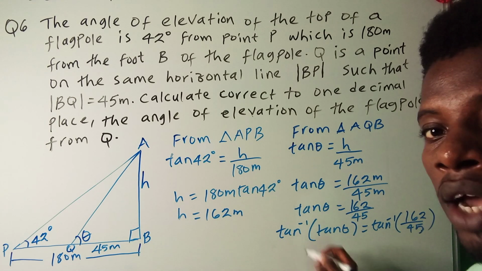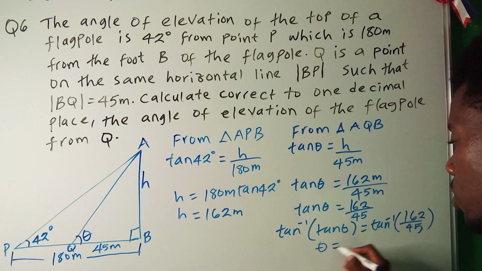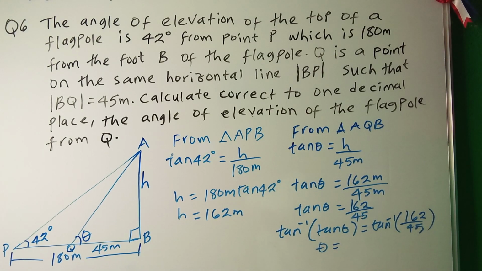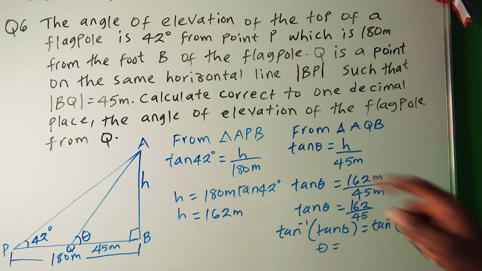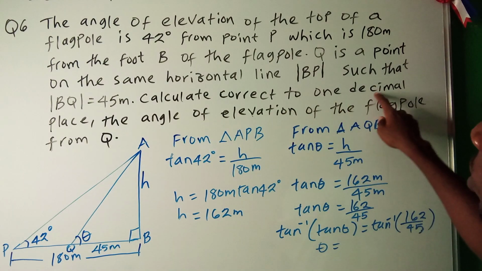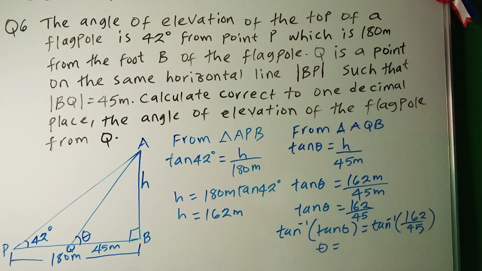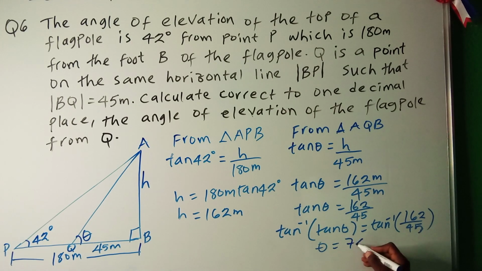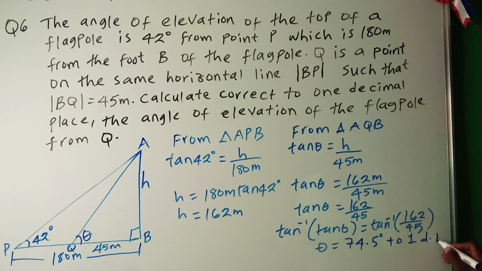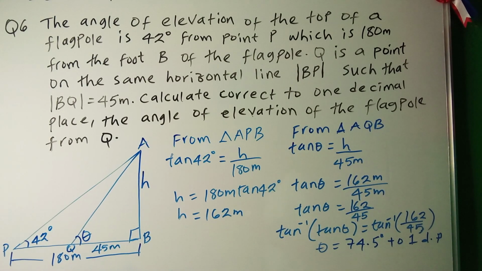So this entire side is just going to give us theta. Theta is equal to, if you use a calculator and find tangent inverse of 162 divided by 45 and convert the answer to 1 decimal place, you should have 74.5. So theta is 74.5 degrees to 1 decimal place, and that is the solution to this question.